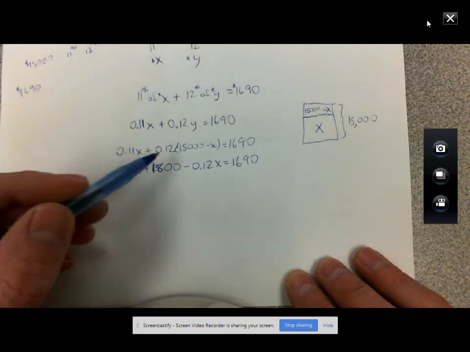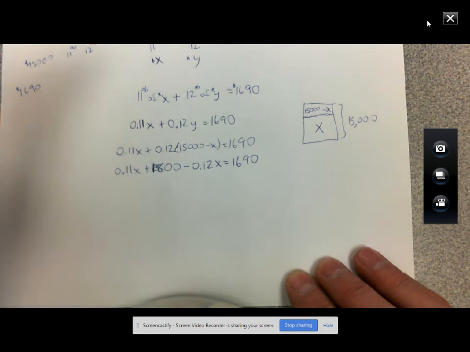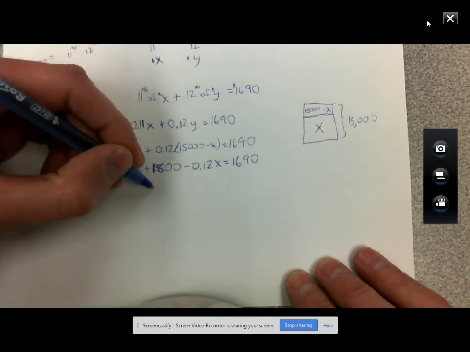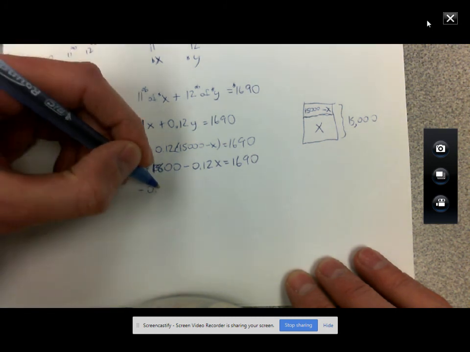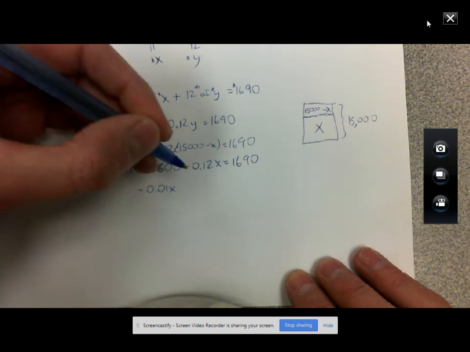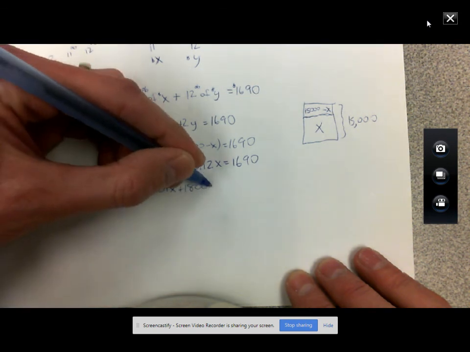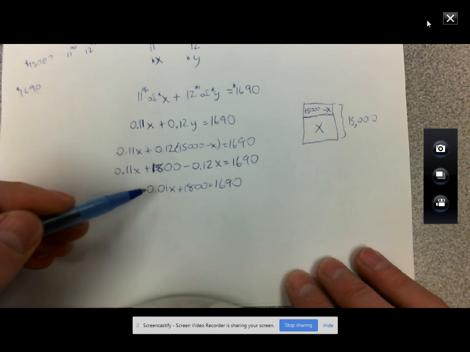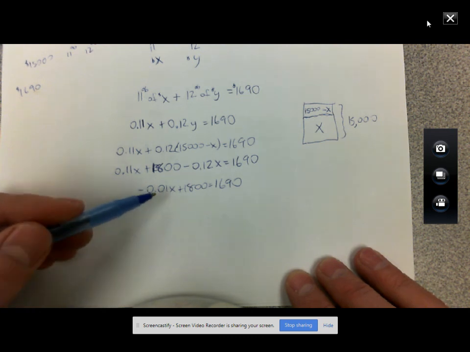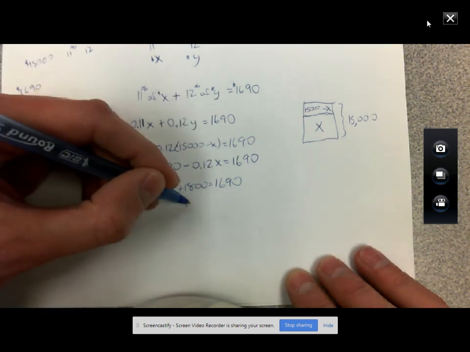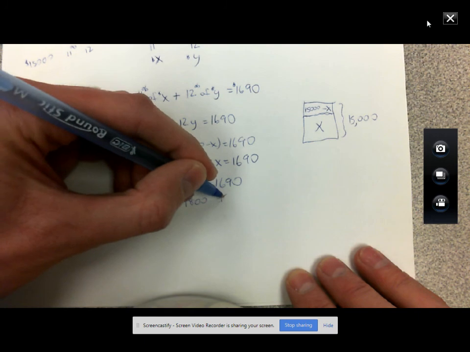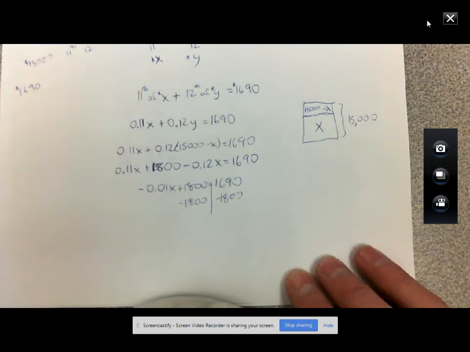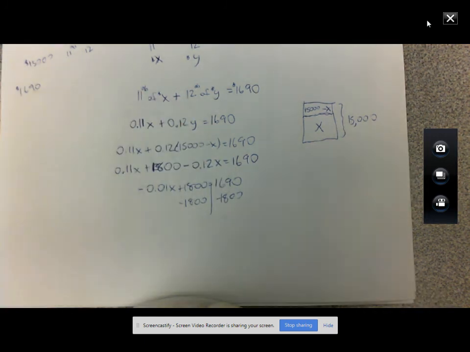I can combine my like terms here. 11 hundredths minus 12 hundredths is going to be negative 1/100th, which alarms me a little bit because I've got a negative dollar amount here. However, I think it'll work out because if I subtract 1,800 from both sides of that equal sign to isolate that variable, I'm going to get negative 110.